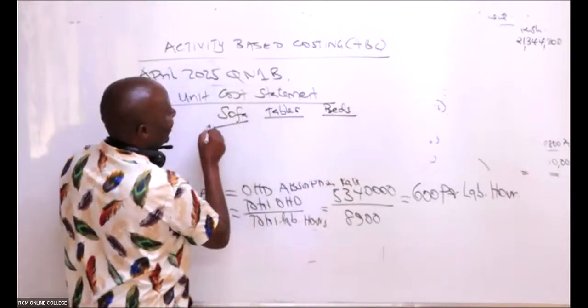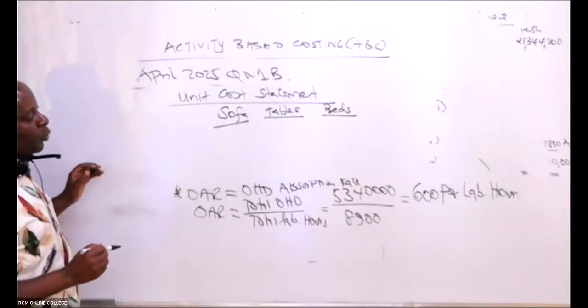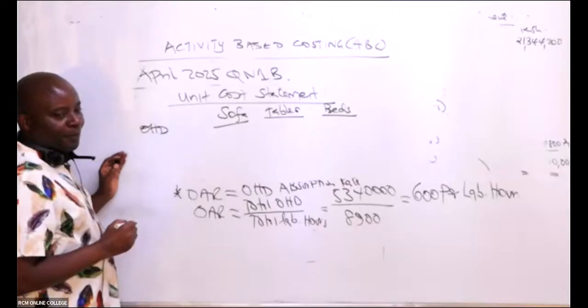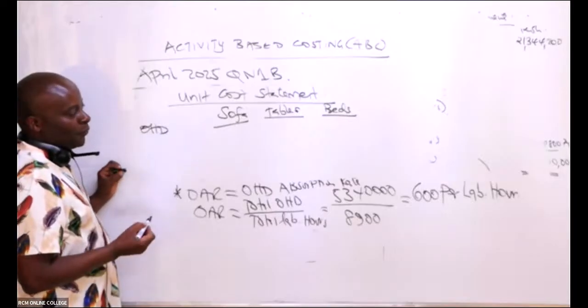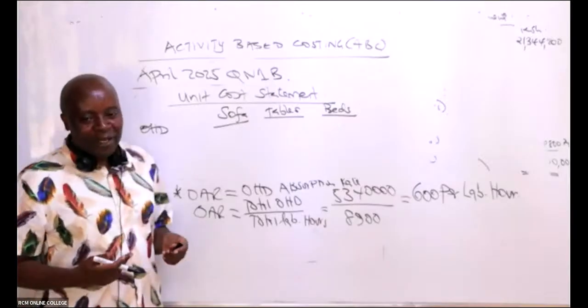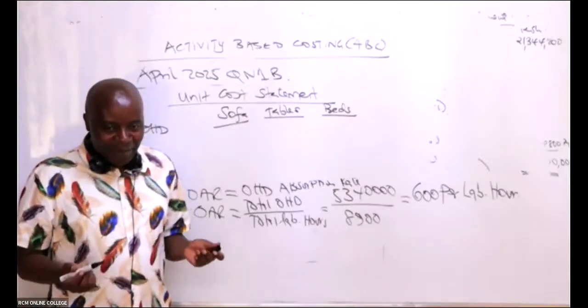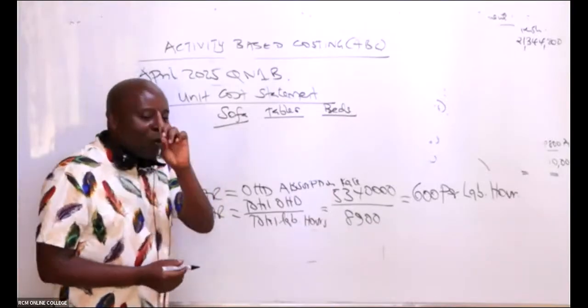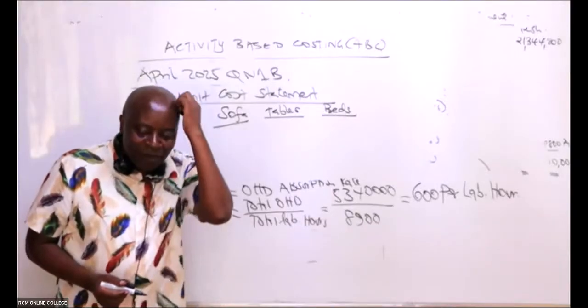Yeah, great. So we start here with the overhead for each one of them, for each unit, for each sofa set. Remember, we are absorbing this overhead using labor hours. So we'll take the labor hours needed to make one sofa. How many hours do you need?